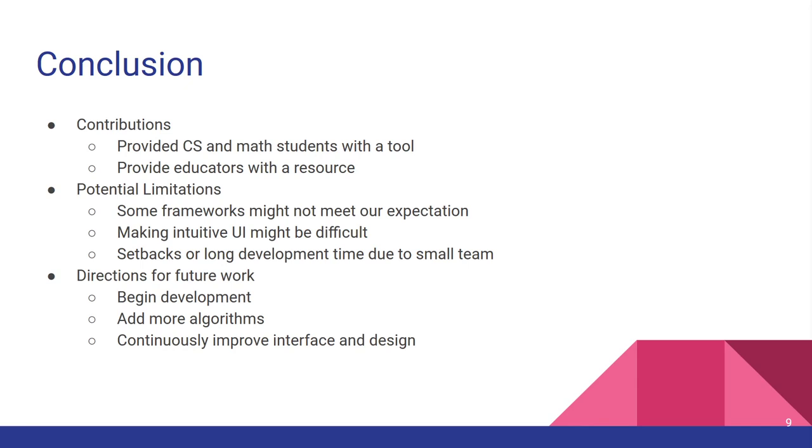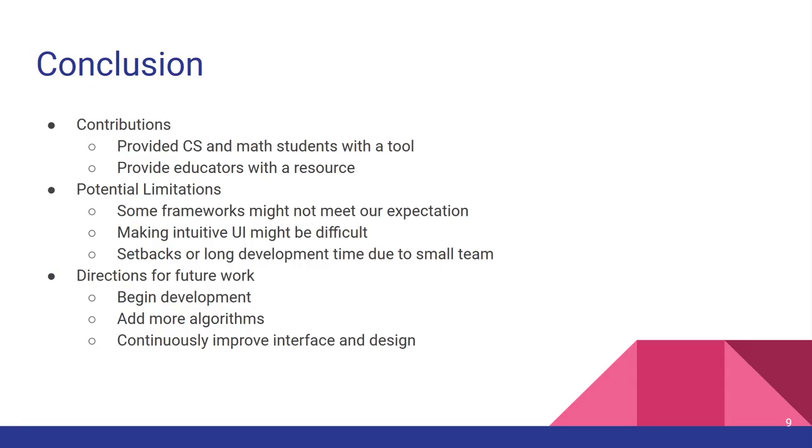And some CSS framework like Bootstrap might be used for the layout purpose for our web app. And the last issue is the limitation of our small team. Currently, we only have 2 students participating in this project, and both of us are full-time students. This project will take a long development time to be finished.